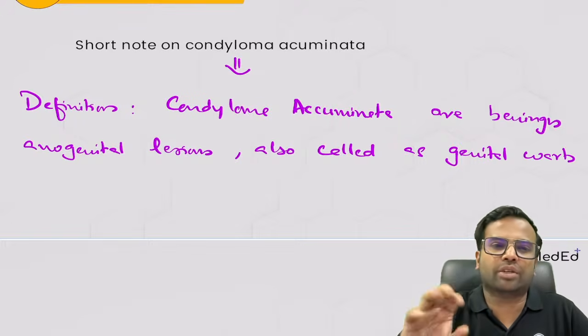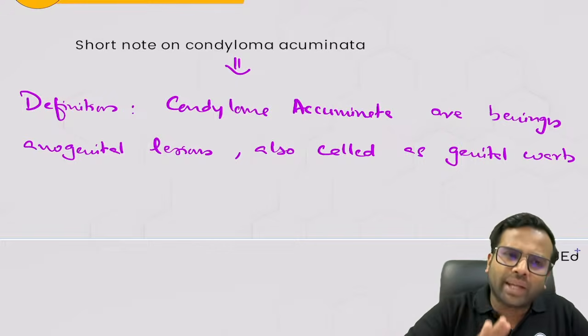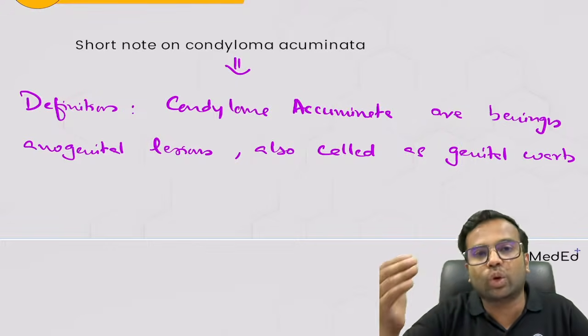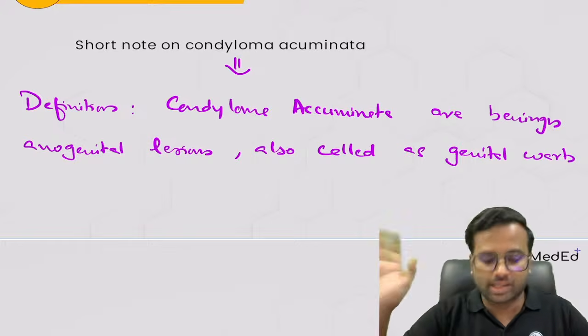That is a simple definition for a condyloma acuminata. These are benign lesions which can be seen in the anogenital area, which are also called genital warts.